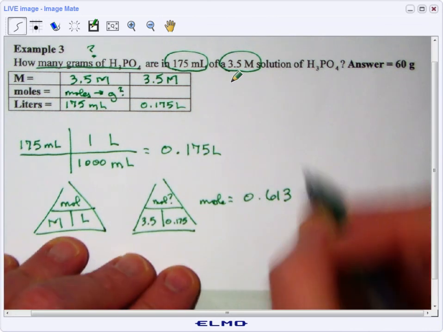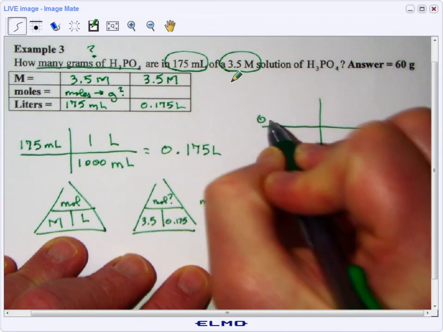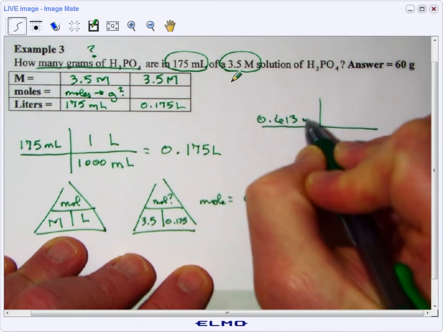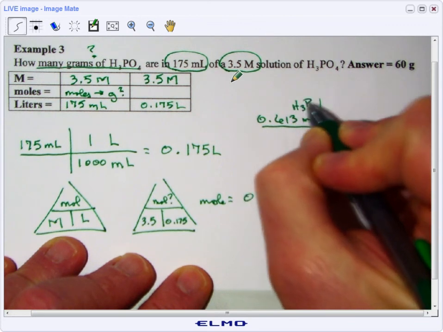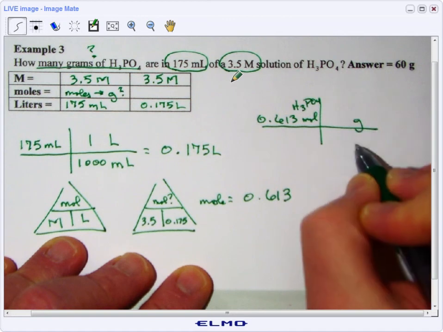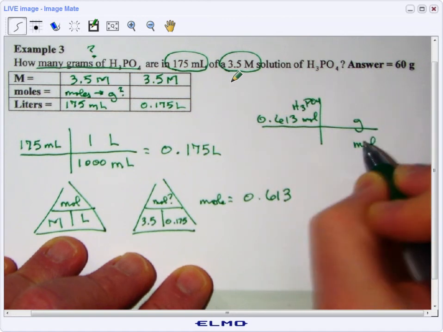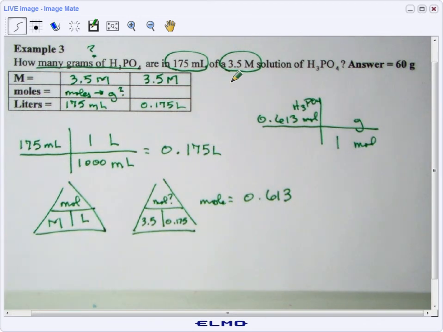So now all I have to do is change moles into grams. 0.613 moles of H3PO4, and I'm trying to find grams. So if this moles is up here, moles go on the bottom, one goes in front of the mole. I add 3 H's, 4 O's, and 1 P together for my molar mass off the periodic table.